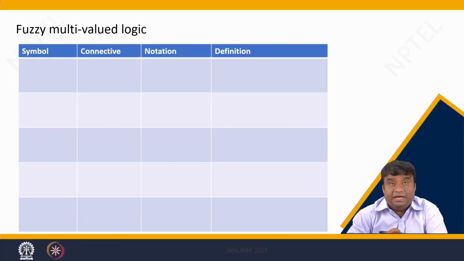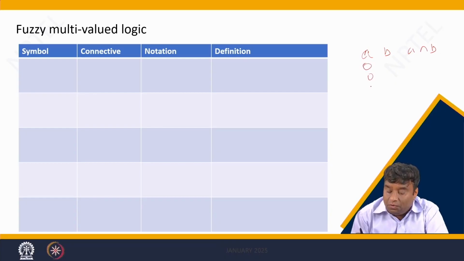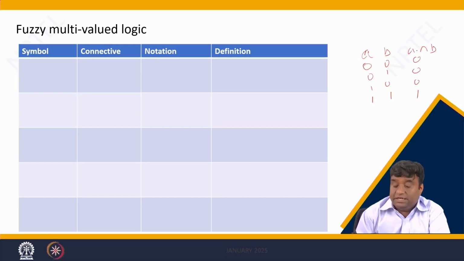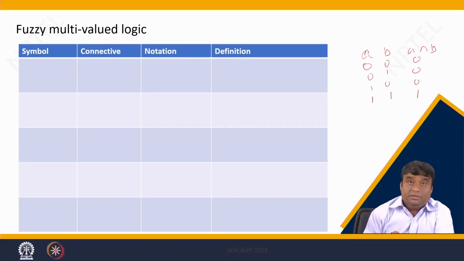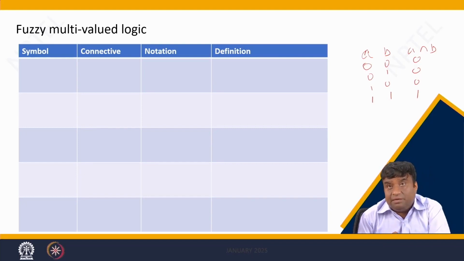So we have studied logic in Boolean algebra. We have studied A, B, A and B. Here the value is either 0 or 1. So you may write it like that: 0, 0, 0, 1. It is A and B. Similar things are there, but the value is a truth value.